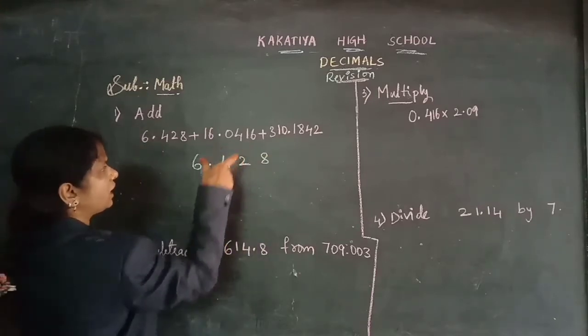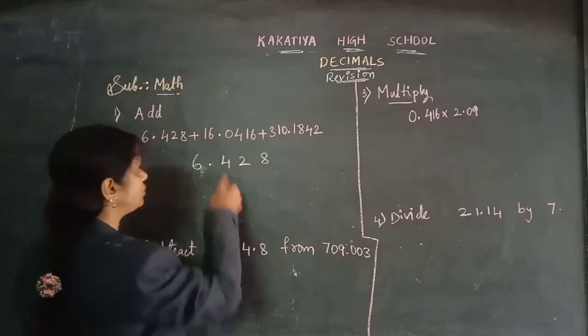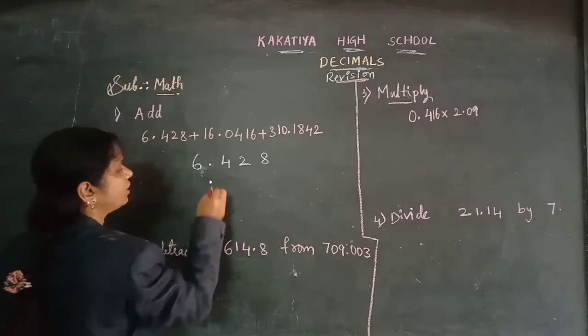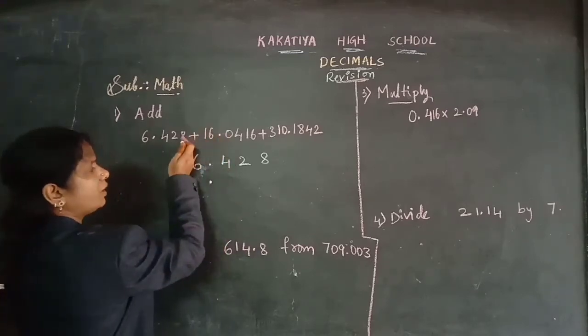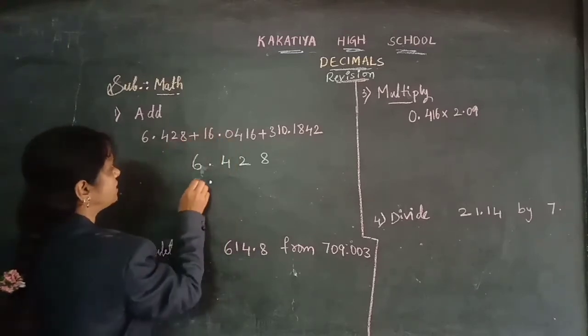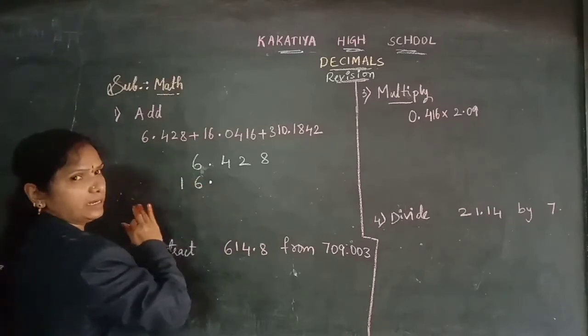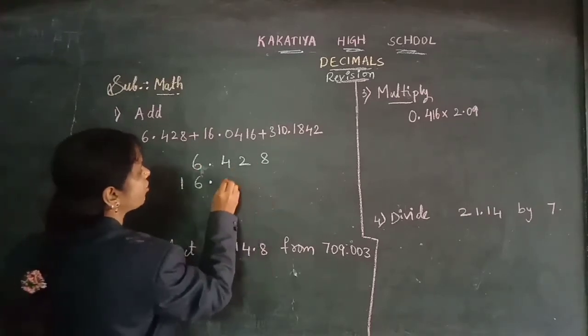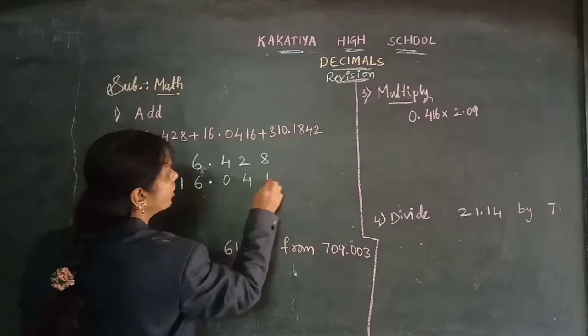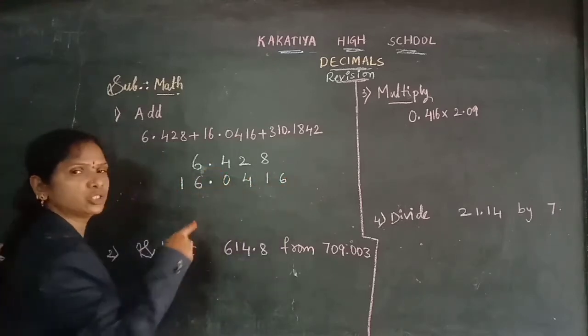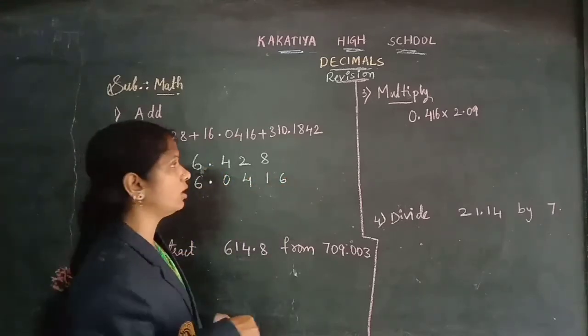After this, when you are bringing down the second number, first you take the decimal point in order. And before the decimal point, the integral part is 16, like this. Decimal point before and decimal point after, 0416. The decimal point should be in order while you are taking them in columns, children.